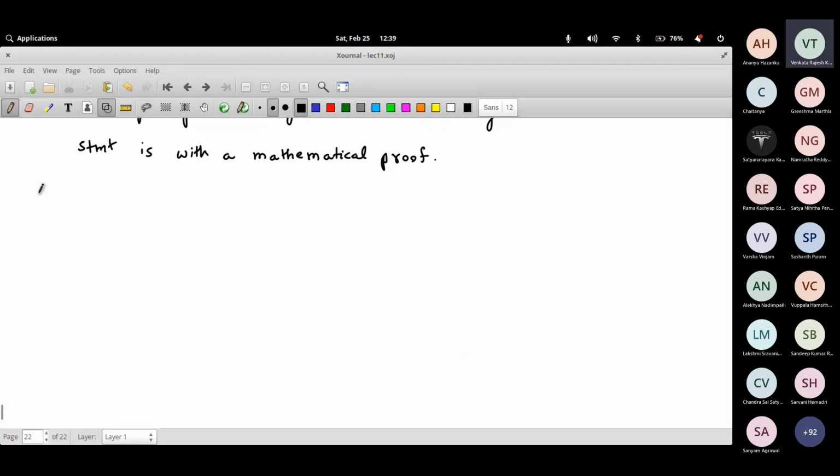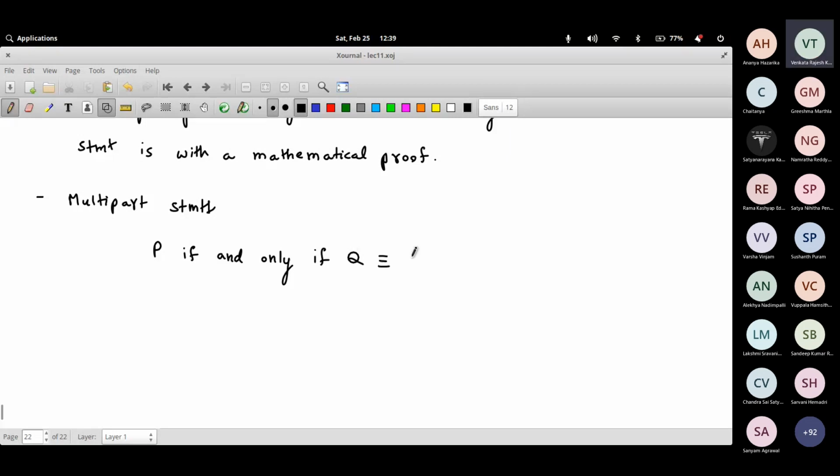So particularly when we have some multi-part statements, how to prove them? So for instance, I can have a statement like P if and only if Q, right?